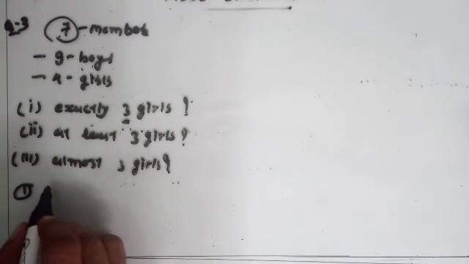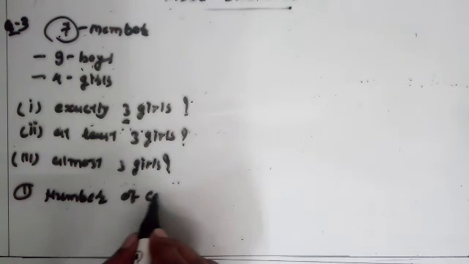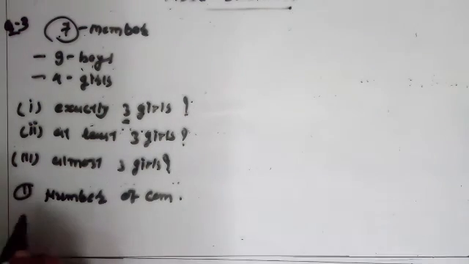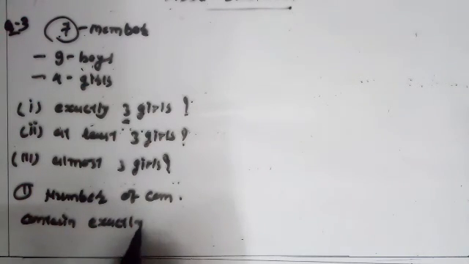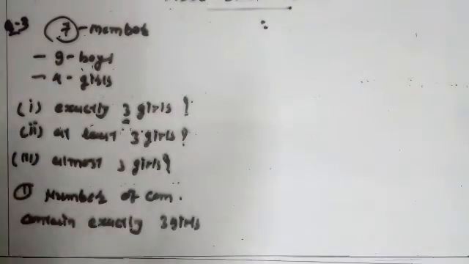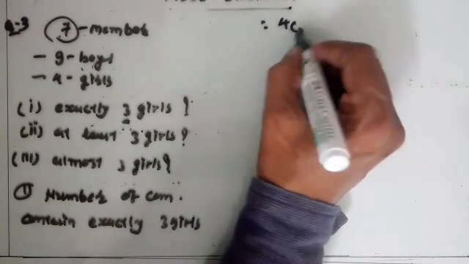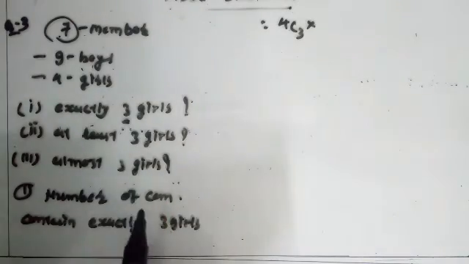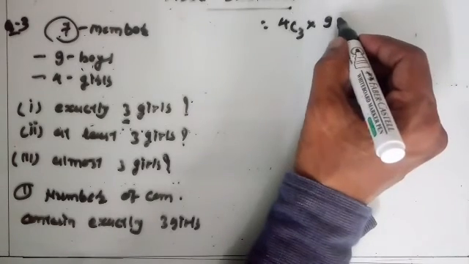Okay, so the number of committees containing exactly 3 girls is equal to: first select 3 girls out of 4 girls, so 4C3, into the remaining 4 persons from 9 boys, so 9C4.